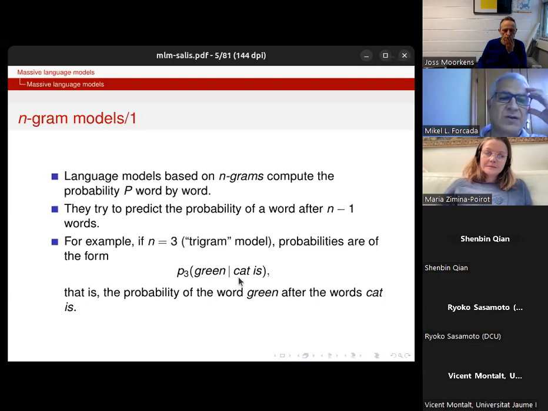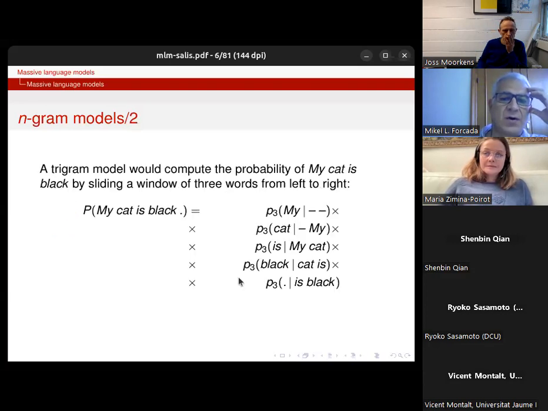Of course, when you want to assign probability to a whole sentence, then you have to slide a window of n words, in this case 3 words, from left to right through the piece of text. So "my cat is black" has 5 items, including the period. We start with the probability for "my" at the beginning of the sentence, then multiply by the probability of "cat" after "my" with some padding, which I use for the beginning of the sentence.